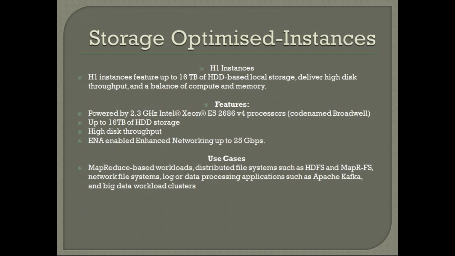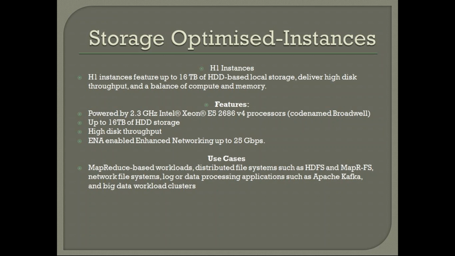Next we are coming to storage optimized. From the first, we saw the general purpose instances, T and M instances. Then we came to compute optimized, C4, C5, like c4.4xlarge or c5.xlarge. Those are compute instances.